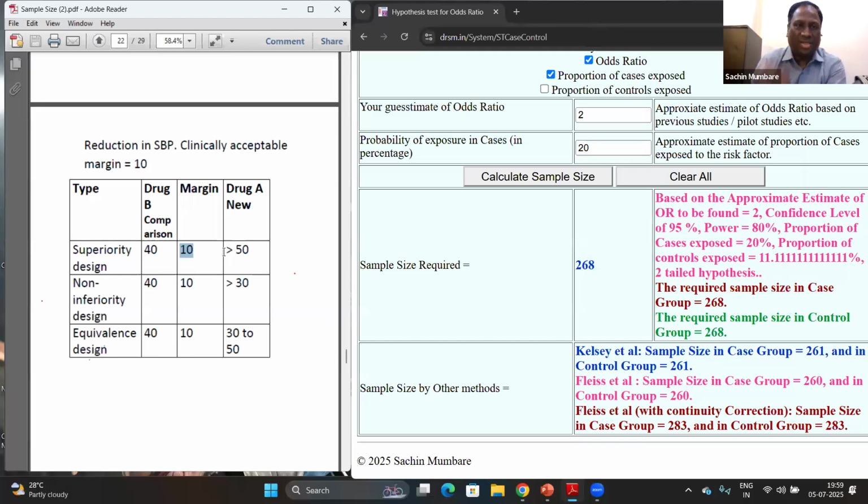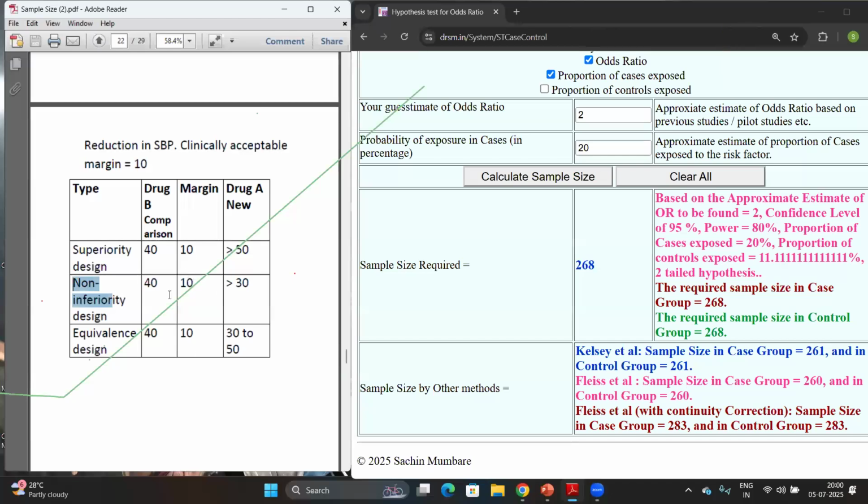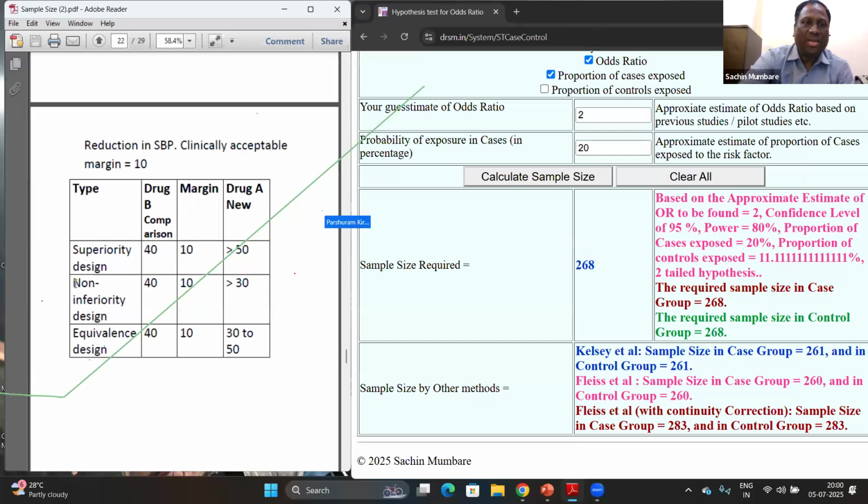So in clinical trials of superiority type of design, superiority is defined by superiority margin. Understood? Other type of clinical trial is non-inferiority design. Suppose drug A is a new drug and we want to introduce it in place of drug B. Drug B is reducing the blood pressure by 40.